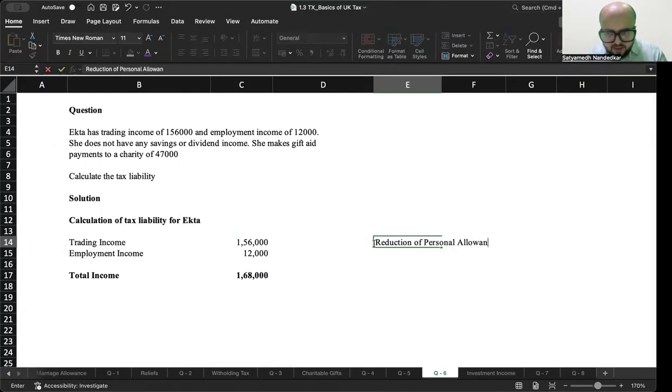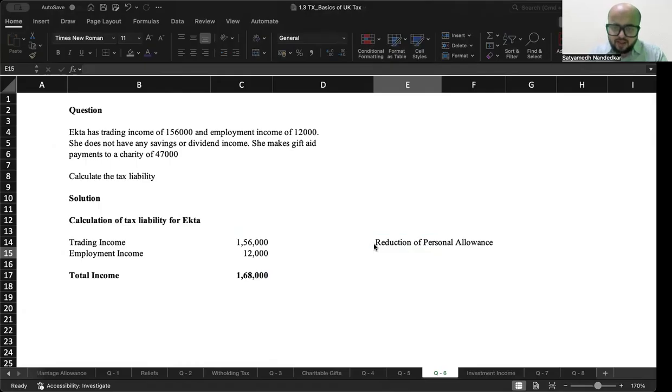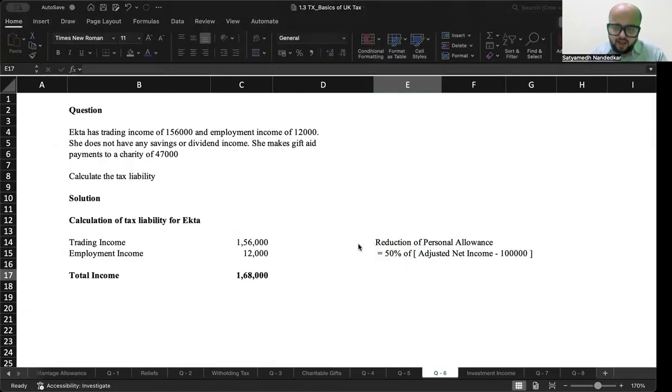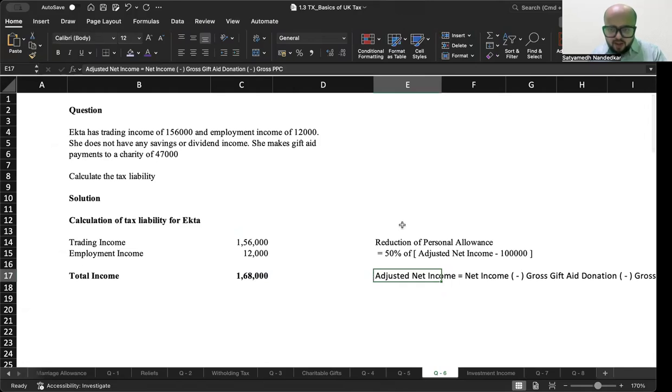In this case, reduction of PA is 50% of adjusted net income minus 1 lakh. And what is adjusted net income? Adjusted net income is net income minus gross gifted donations minus gross personal pension contribution.